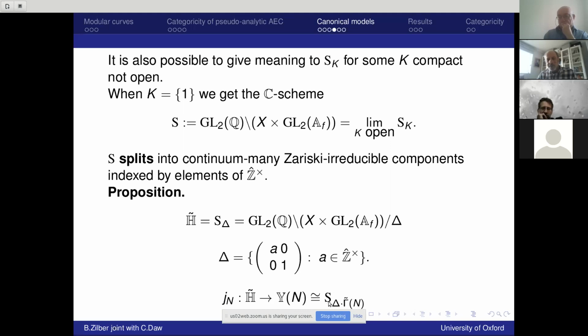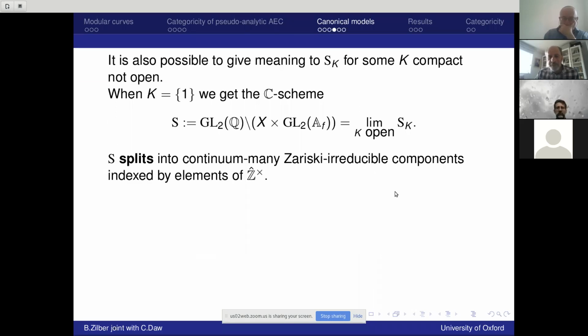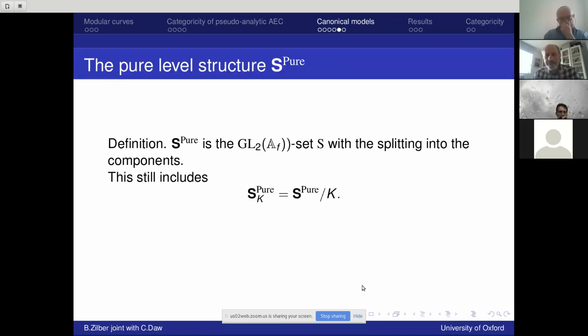So namely, you take a quotient, so your K in this case, right? That's this K that you have here, it has quite a concrete form. This group is just a subgroup of the group of finite adeles.